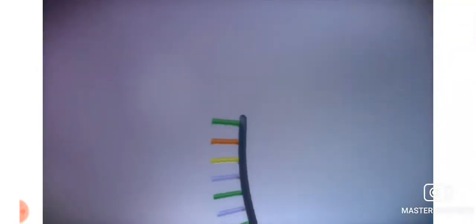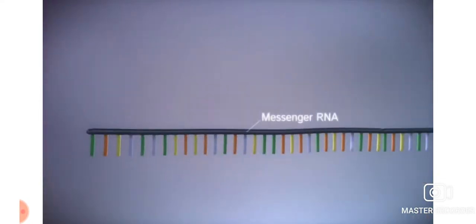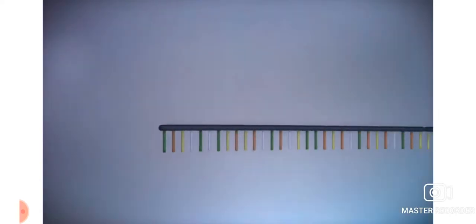Then this mRNA, which is formed, leaves the DNA. Again, the DNA strands get complementarily base paired. Understood? The hnRNA gets processed by splicing, and then leaves the nucleus.